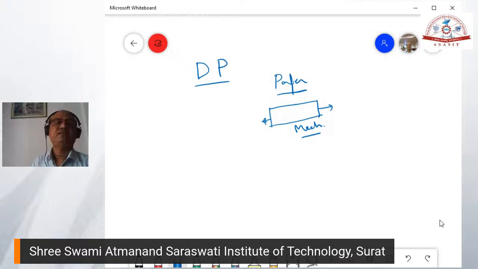Because of this, the paper is going to become brittle or have a lower mechanical strength. So the condition of the paper and of the insulation is identified that way also. So degree of polymerization is just to check the mechanical strength of that paper.